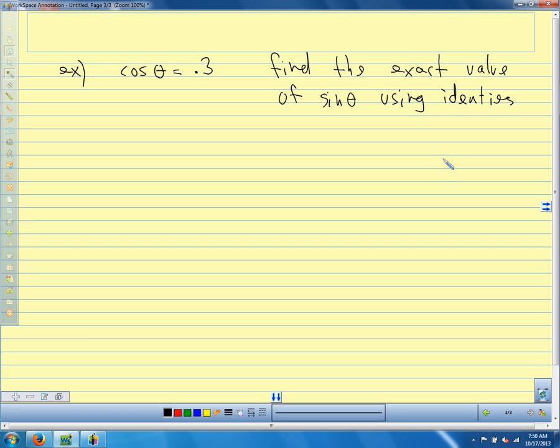So before we start on this particular problem, if we didn't have to use identities, if it just said find the sine, if the cosine of theta is 0.3, find the sine of theta, how could we go about that? What could we do using something that we already know?